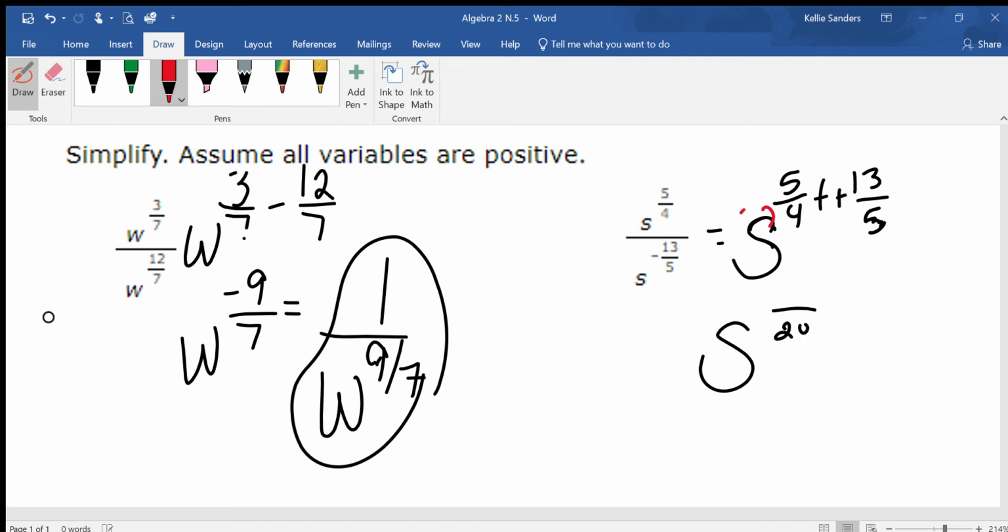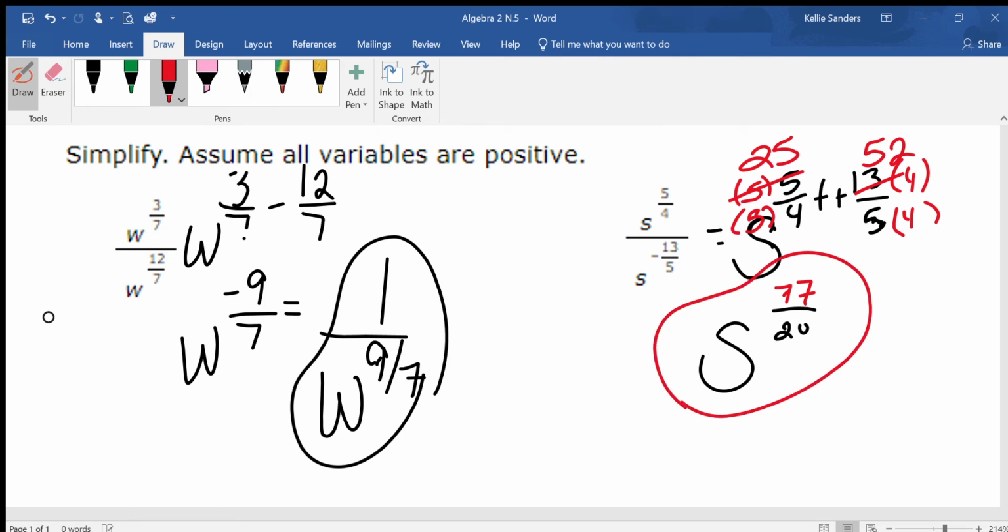So what do you multiply 4 by to get 20? 5. So we multiply the top by 5 and get 25. What do we multiply 5 by to get 20? 4. So we multiply that by 4 and get 52. And 25 plus 52 is 77. 77 over 20 does not reduce, so that's going to be your answer.